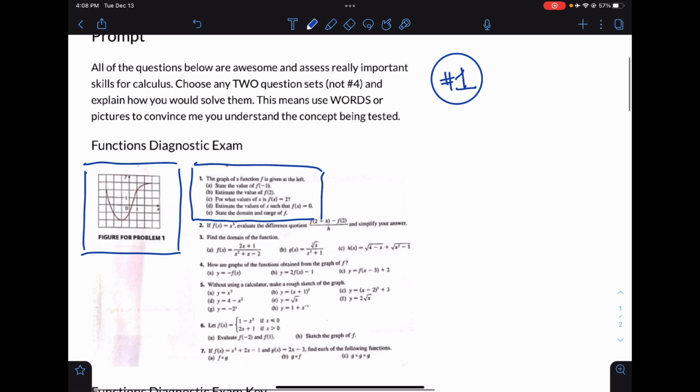So f of -1, that's the same as saying f of x, so we know that -1 is equal to x.